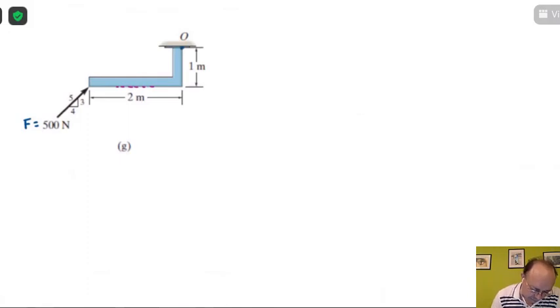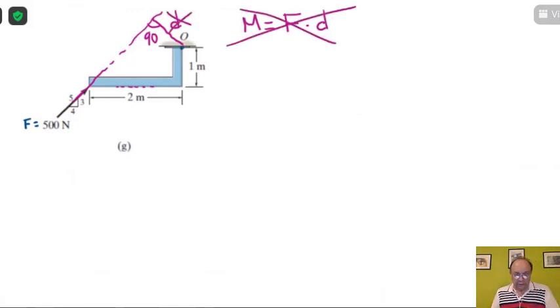Again, I'm going to repeat. If I have the line of action of this force here, and then if I have this distance from the line of action at 90 degrees with respect to O, I could very easily calculate the moment as force times d. But since I don't have this distance, I don't have this way to produce the results. So in this case, it will be more convenient to work with components.